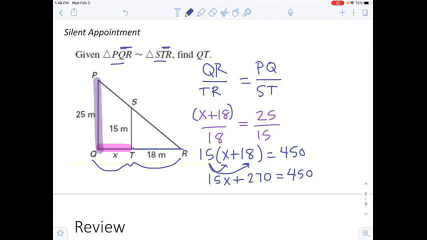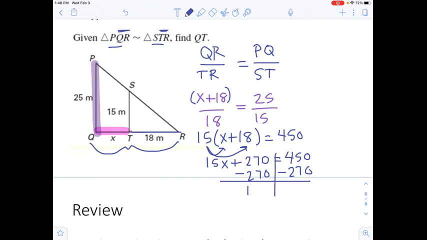First thing we've got to do to solve this is get rid of the constant. So I'm going to minus 270 from both sides, or add negative 270, same thing. And I'm left with 15x equals 450 minus 270 is 180.